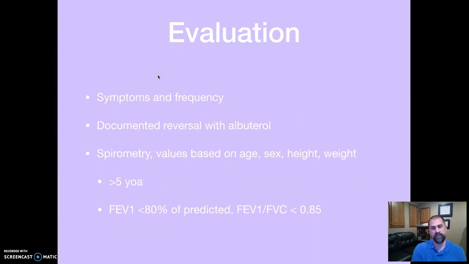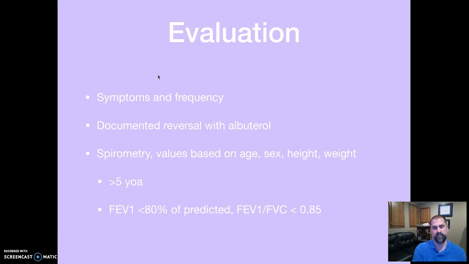So as far as how we evaluate a patient who we think has asthma, we go by symptoms and frequency to decide how severe the asthma is. We want to document if there's any reversal of symptoms with albuterol. If the patient's greater than 5, we can use spirometry. And so this is always a good test question.